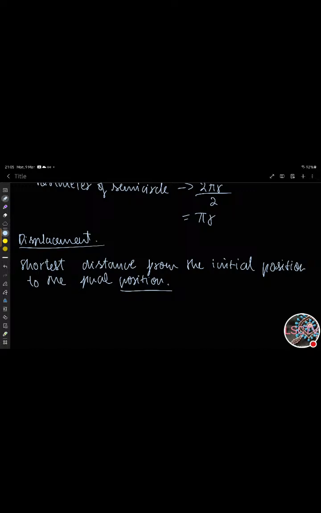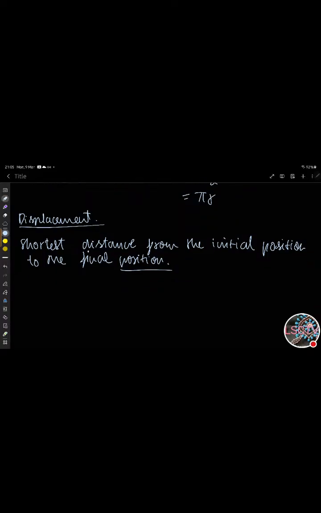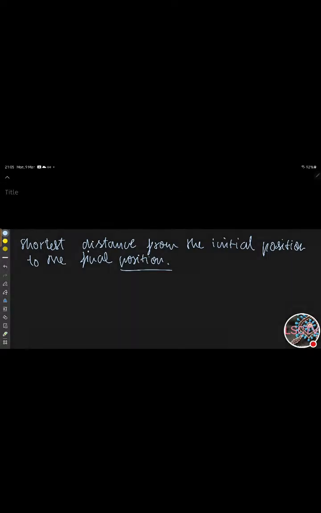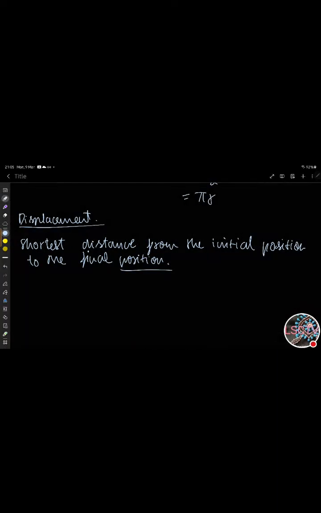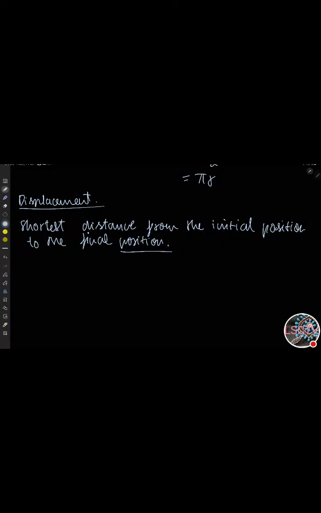Everybody in the chat, come on. The josh meter should be high. Okay? To the final position. Fine? You're coming here till now, so clap hands for yourselves. It is the shortest distance from the initial position to the final position.